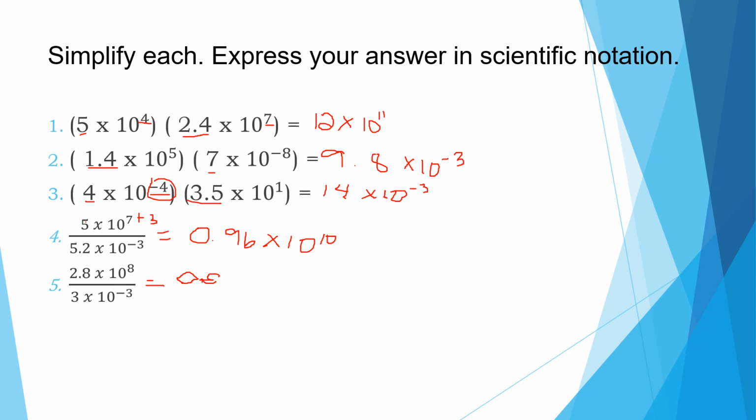Okay. 0.9333 paulit-ulit, no? So, lagyan na natin ng bar dahil repeating siya. Times 10, or pwede nang wala yan. So, pag dinagdag natin to, magiging 8 plus 3. So, 8 plus 3 equals 11. Yan. So, yan po yung sagot. Okay?